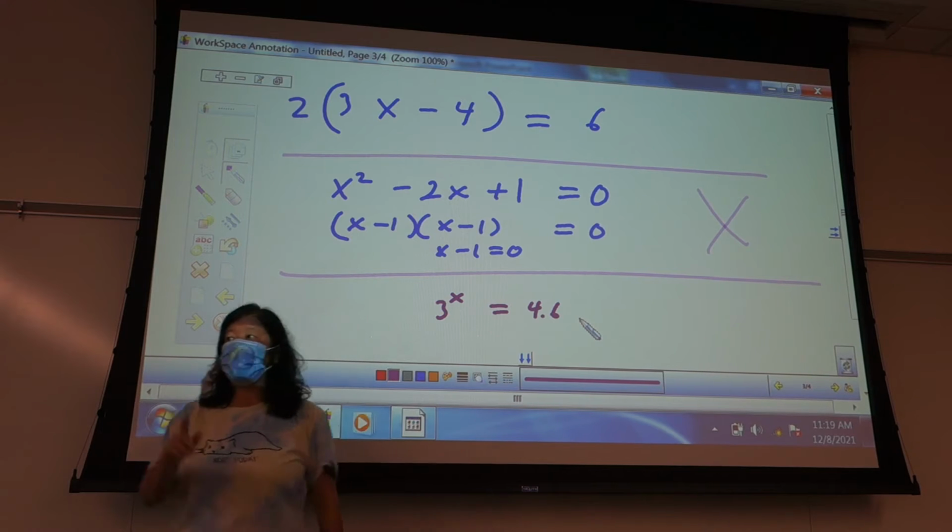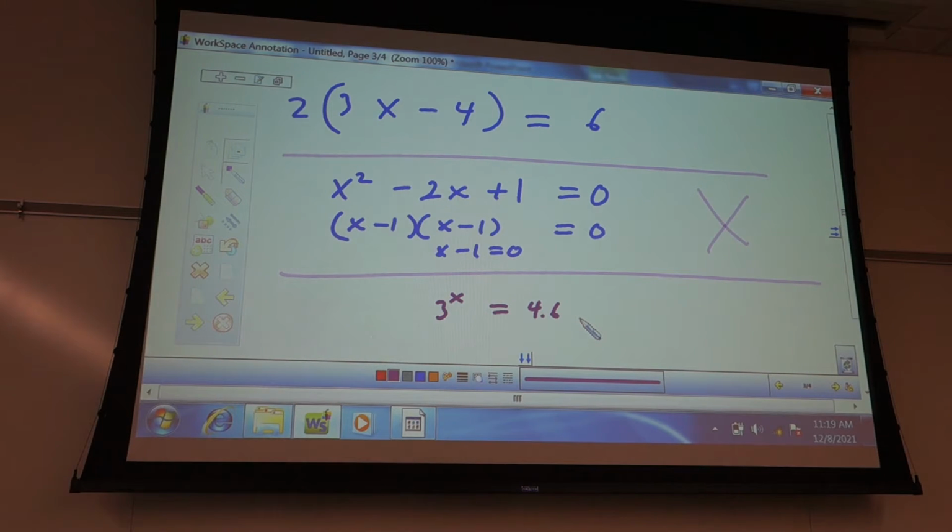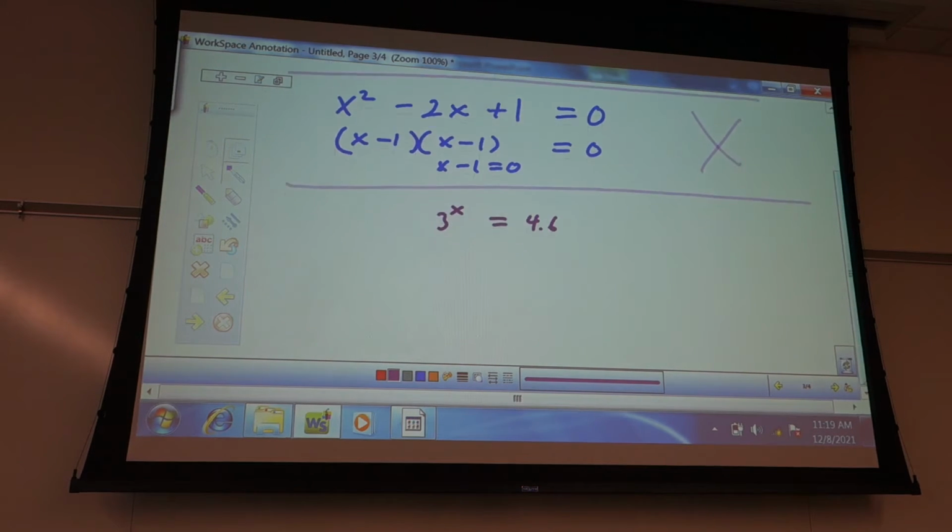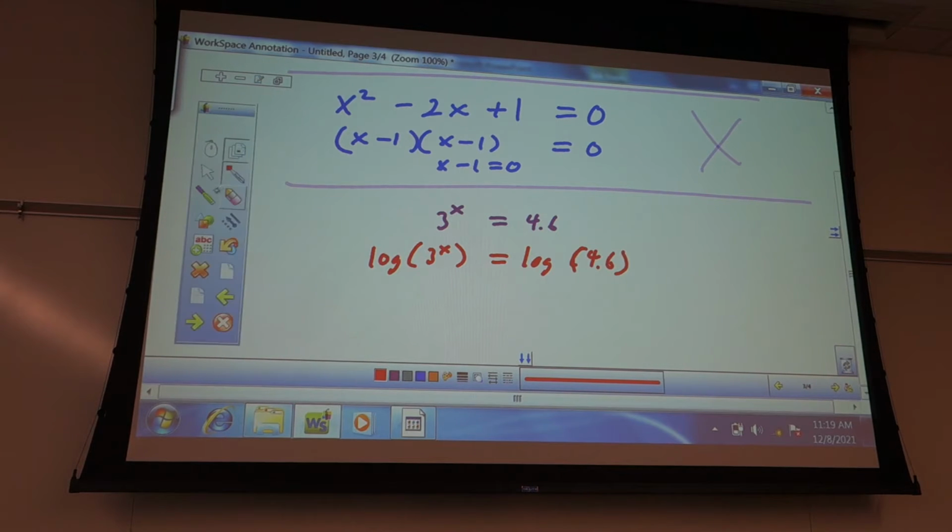However, I can take the log of both sides, and that lets me grab this guy and put him in front. So now I can say x times the log of 3 equals the log of 4.6.